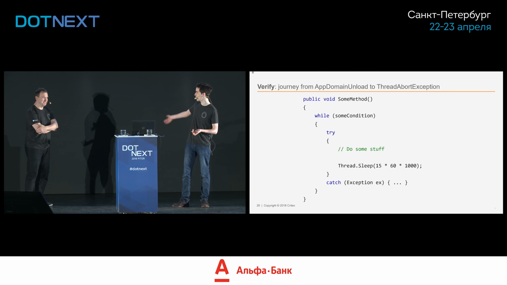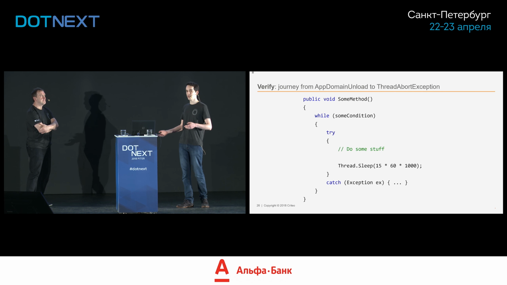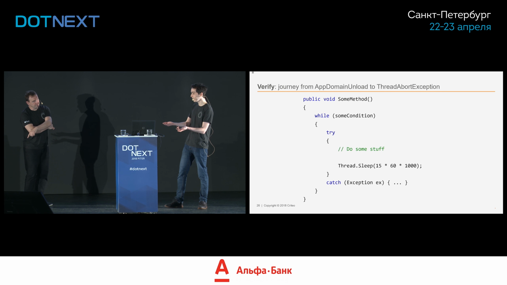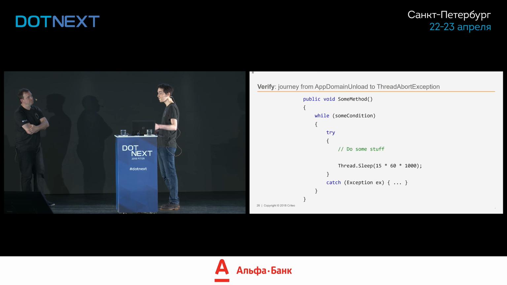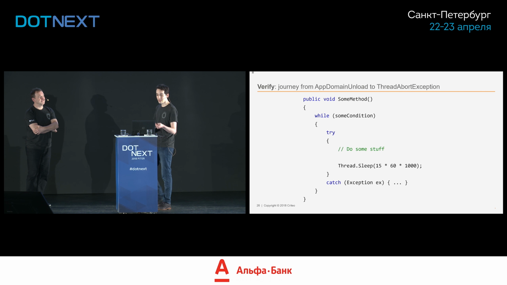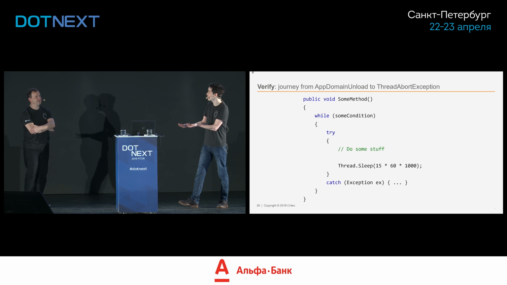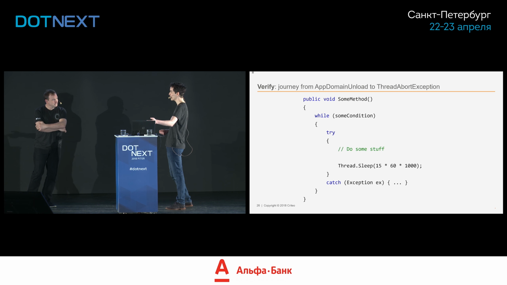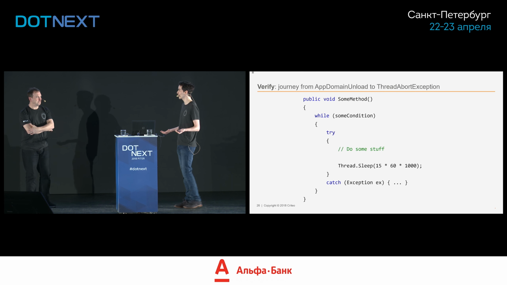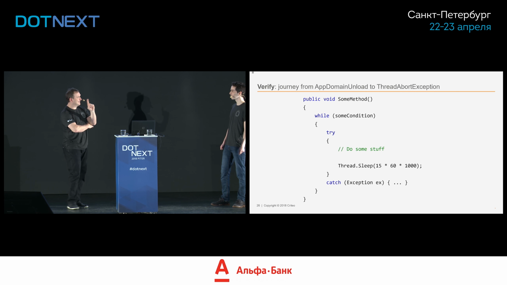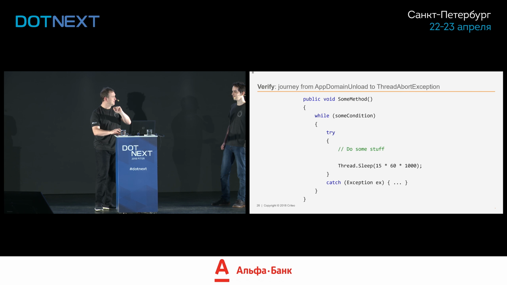Somebody changes the configuration file of the application, so ASP.NET unloads the domain, and so it aborts the thread. Except that, since we are in the try-catch block, we catch the ThreadAbortException, and then we are in an infinite loop, so we try again. But ASP.NET sees that my thread is still running, so it re-aborts it, and we re-catch it, and so on, 10,000 times per second. That's a very, very nice story, except that there is a tiny, tiny difference in the ThreadAbortException and how it's managed by the CLR.